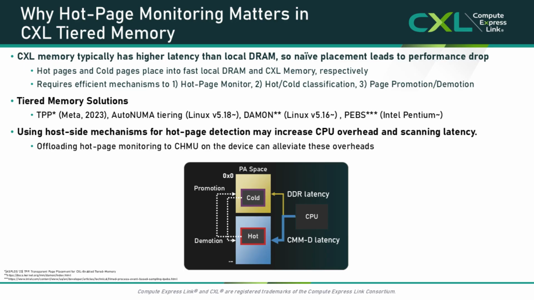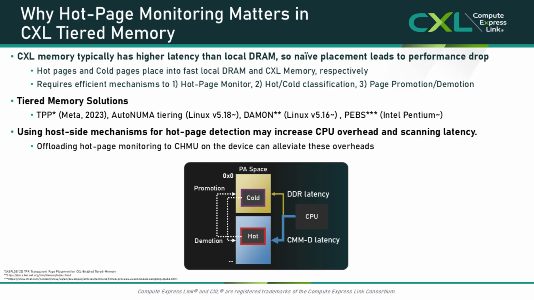As a result, if memory is used without careful consideration, it naturally leads to performance degradation at both the application and system levels. The fundamental idea to mitigate this is straightforward.